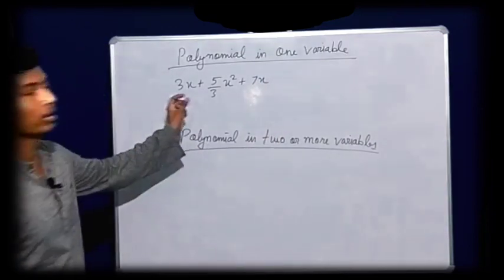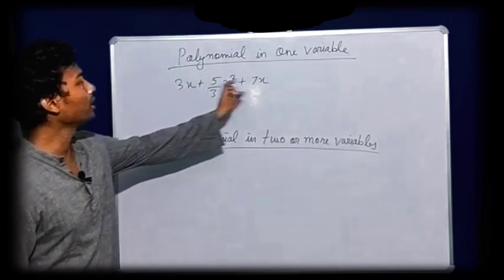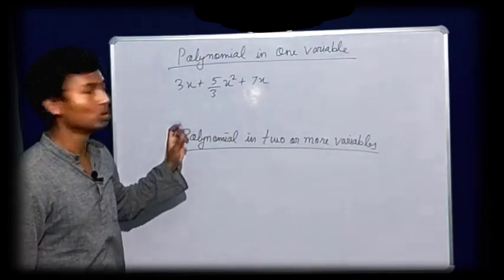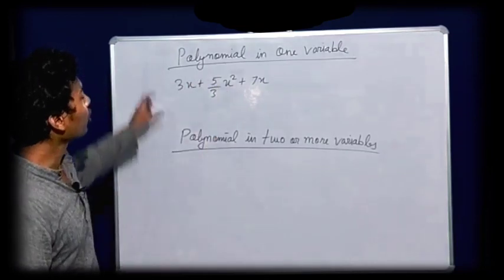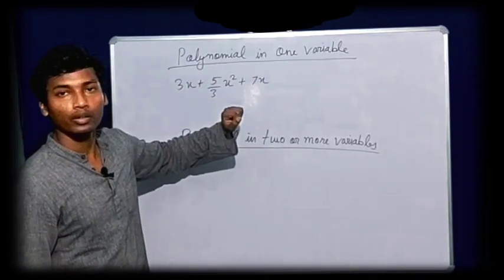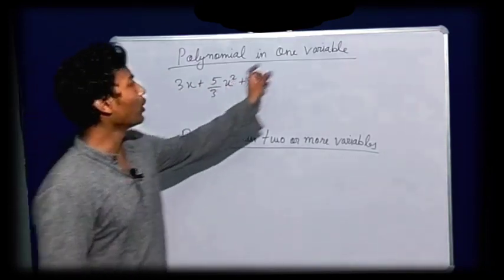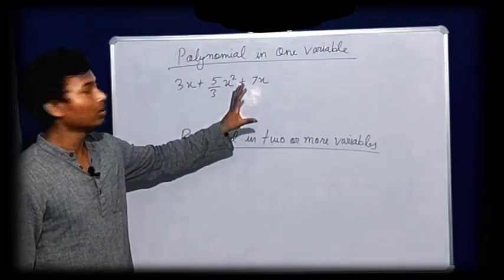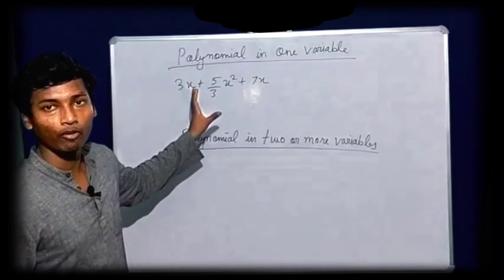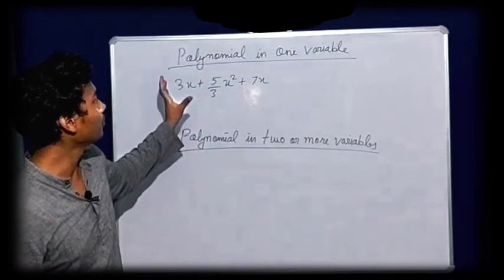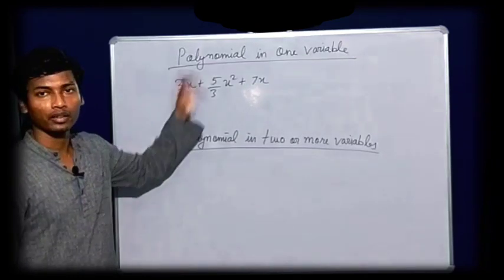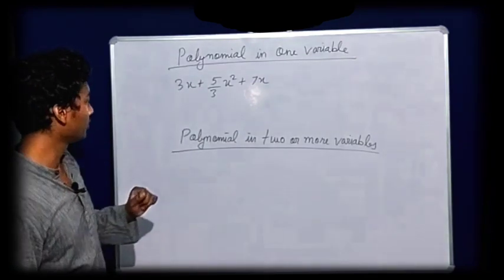So you see here there is only one variable that is being included. I have not taken y, z or any other variable. So this is a polynomial in one variable. Now this is in fact a polynomial. So you know what is the criteria for being a polynomial. It should not have a variable that has a negative exponent index.